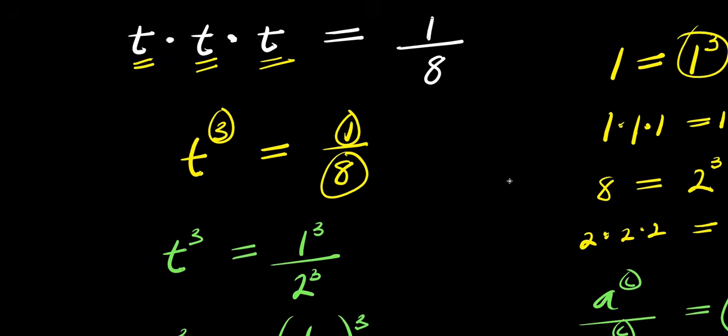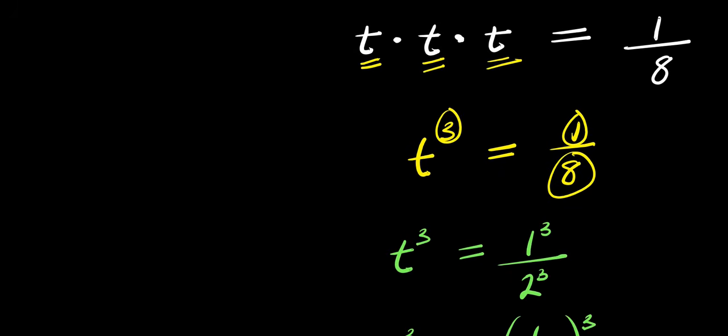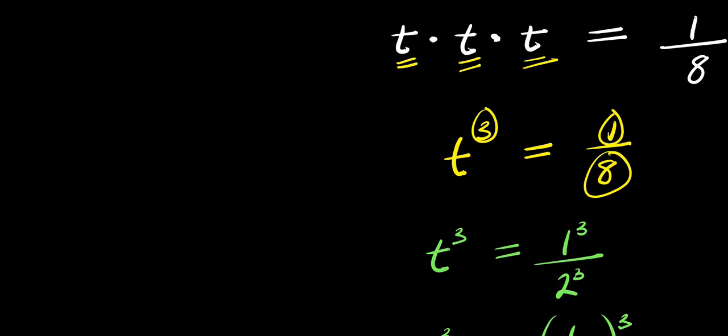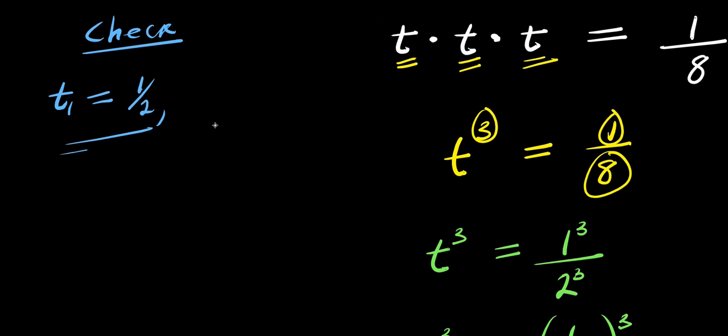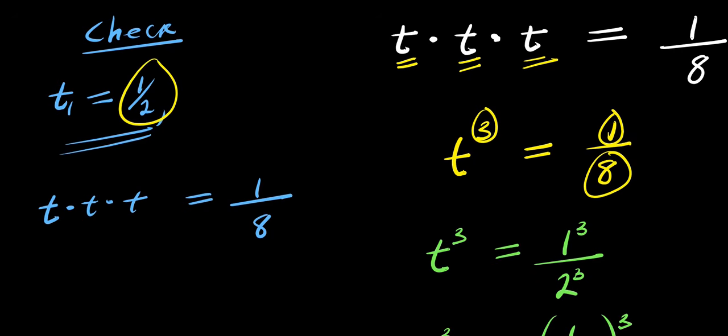So the next thing we are going to do will be to check. We have t1 equals 1 over 2. We are going to check using this right here: t times t times t equals 1 over 8. So we are going to substitute this value for t here.